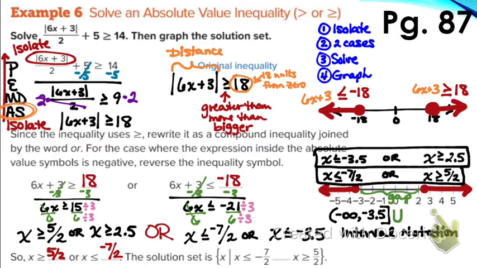Where did we start shading again then? At 2.5. 2.5 had a closed dot on it, so I use a bracket. Where did I stop shading? Infinity. Nice work. There's my interval notation.